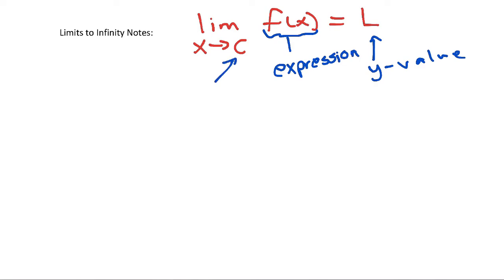And this value right here is an x value. So what we're going to use for this one is c is going to really be equal to either positive or negative infinity in these notes. And then we're looking at what's the behavior of the graph.